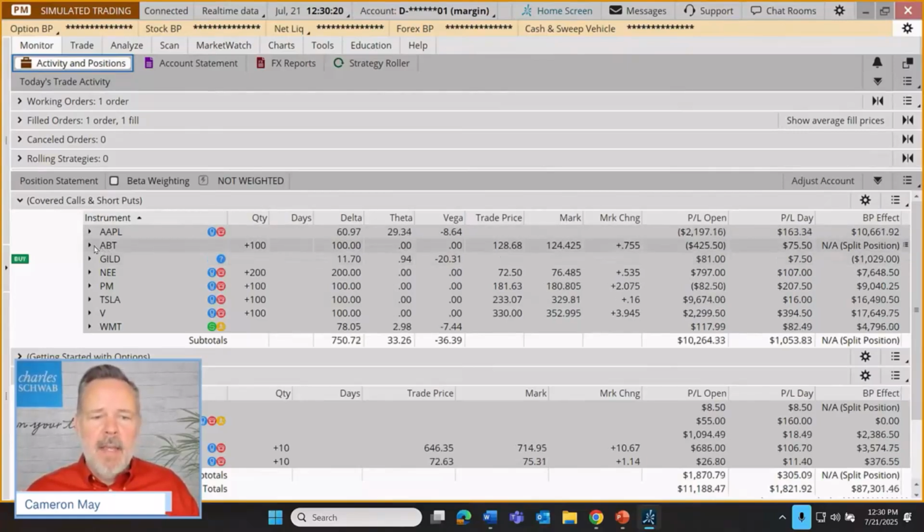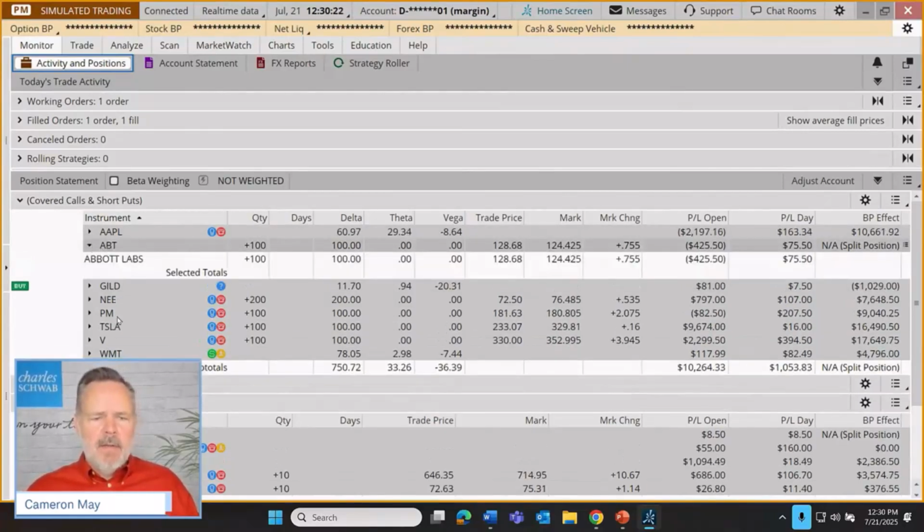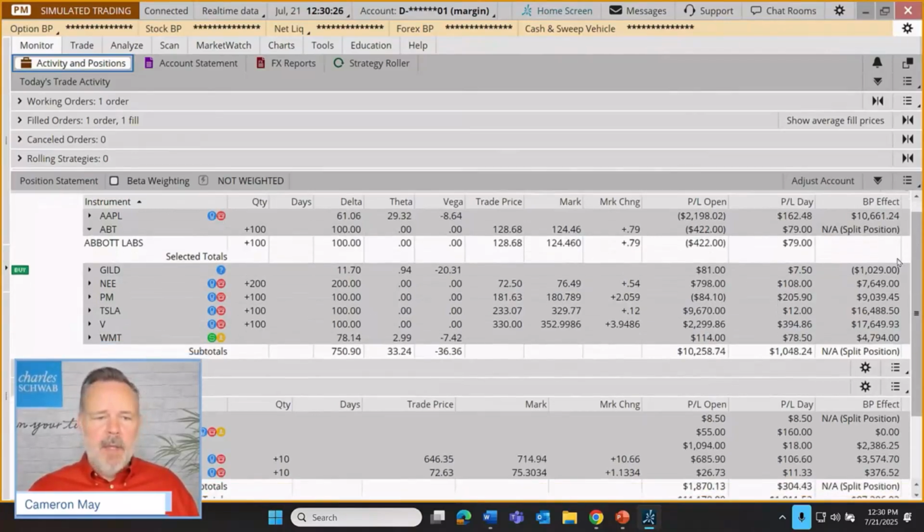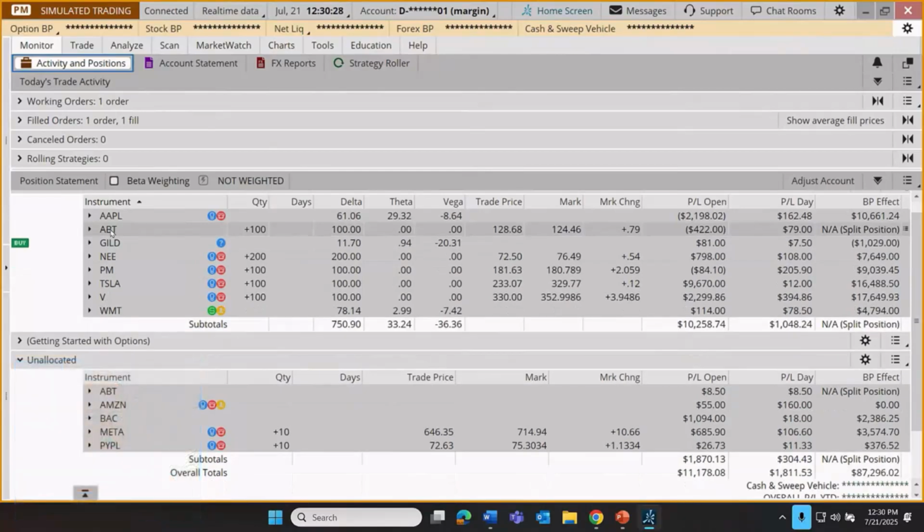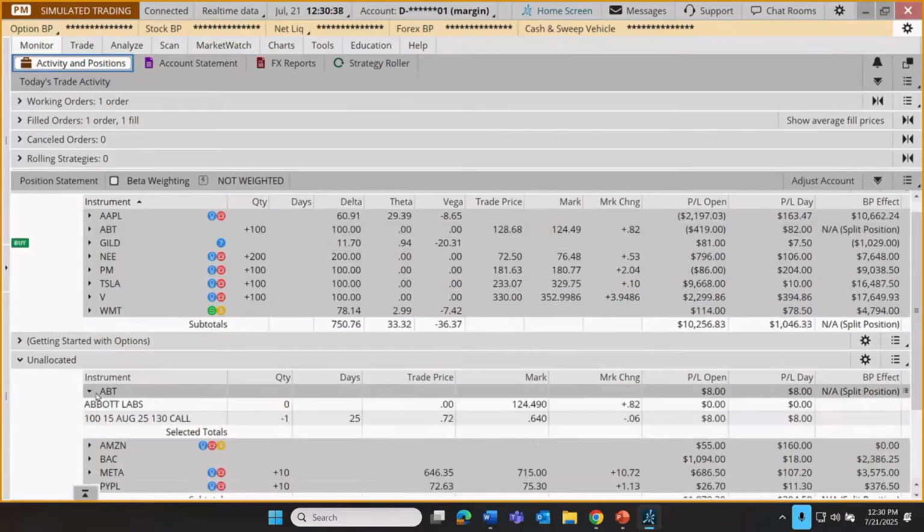Let's actually, this is going to be a good lesson here. We just sold a call against Abbott. And you'll notice over here, it says it's a split position. We have 100 shares here, and down below it says, oh, there's Abbott as well. If we click on that, we can see there's our call. It's down in the unallocated. Now, this doesn't mean that it's an uncovered position.